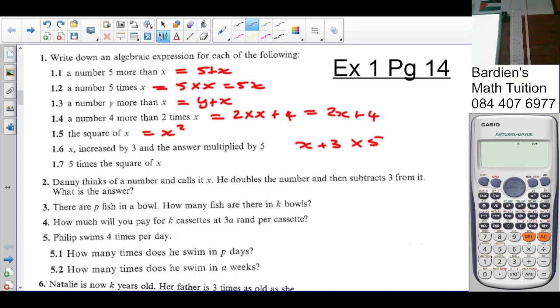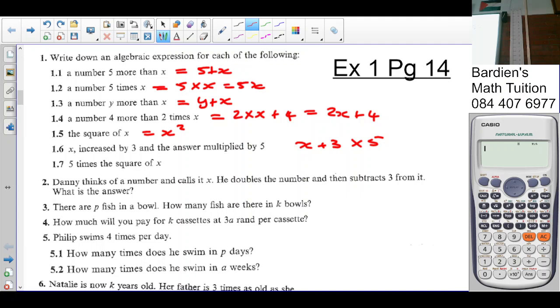I did x times 5. Yeah. Because x plus 3 and the answer is... And so you said x times 3 plus 3 times 5. I said x plus 3 equals a number times 5. Okay, you got the right idea, yes?